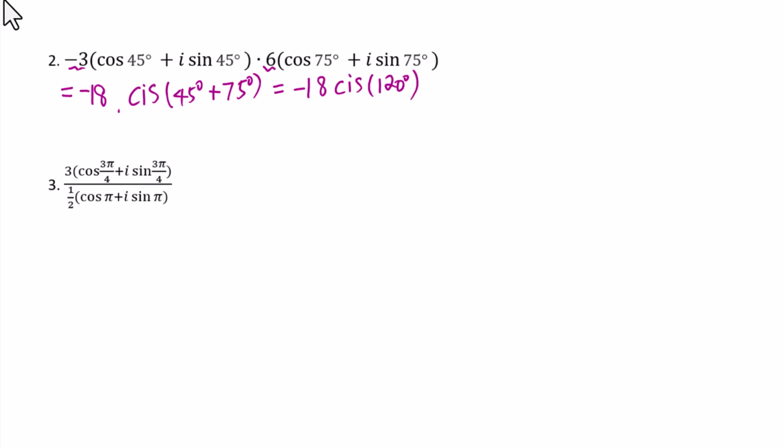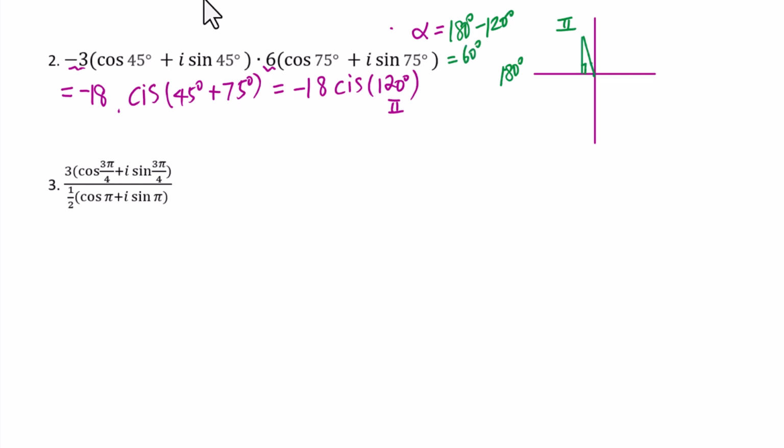120 degrees goes to the second quadrant. Let's draw this Argand plane. So alpha equals 180 minus 120 degrees equals 60 degrees. This is 60 degrees, so the longer leg is square root of 3 over 2.